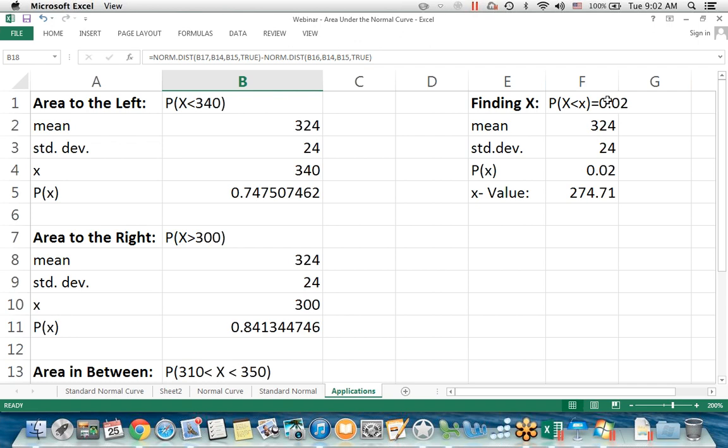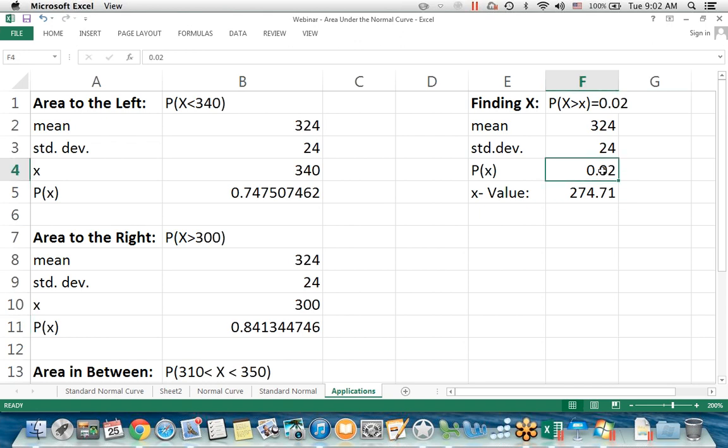Now let's go back up to the last part. The last part says that we're trying to find the value where the probability that x is greater than it is 0.02. So this would represent the top 20 and the bottom 80.